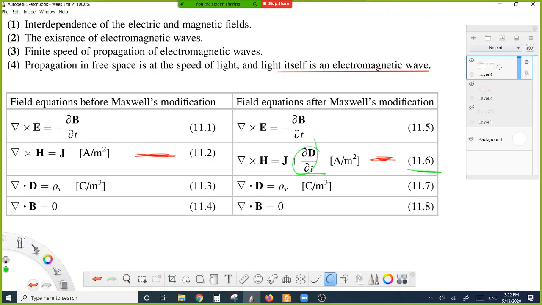This term is a current density, and is called the displacement current density, the partial derivative of D over the partial derivative of T, displacement current density.